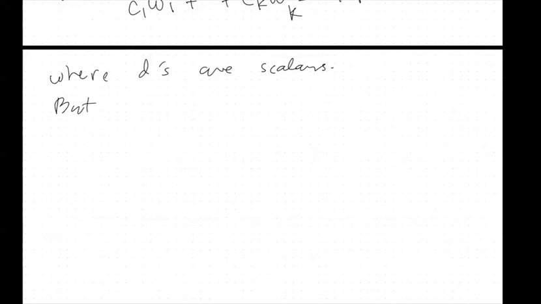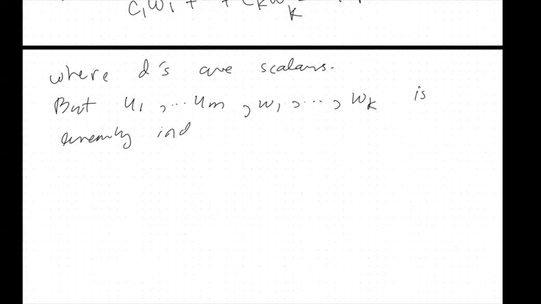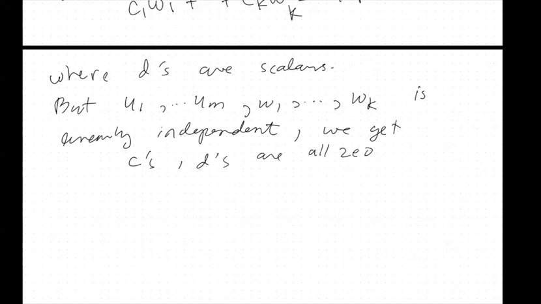But U1 up to UM and then W1 to WK is linearly independent. So what does it mean? Therefore, since they are linearly independent, we get that the C's and D's are all 0.